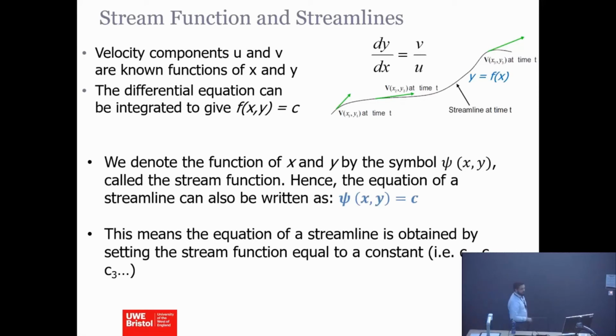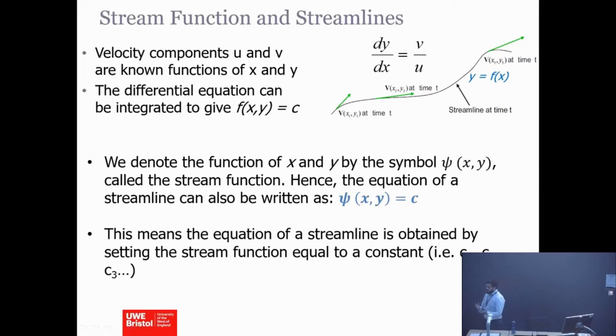Streamline, stream function. So instead of writing f(x, y) equal to a constant as the equation of the streamline, we can express it in terms of this new stream function psi. So it just becomes psi(x, y) equals c.